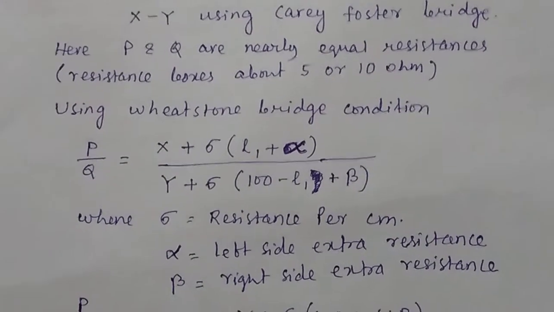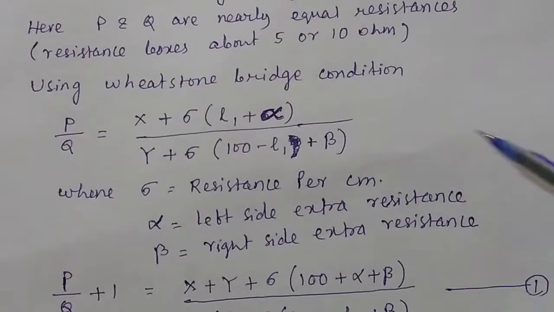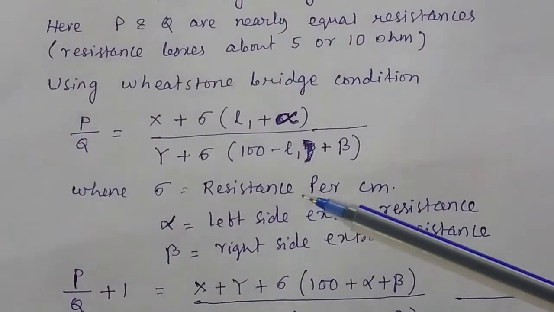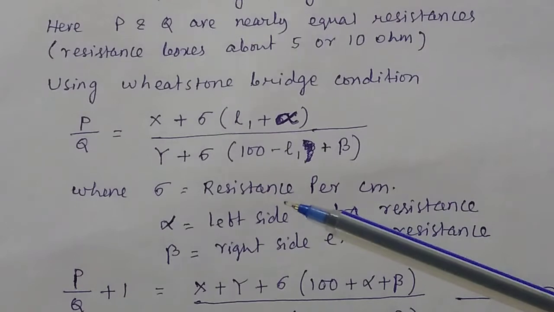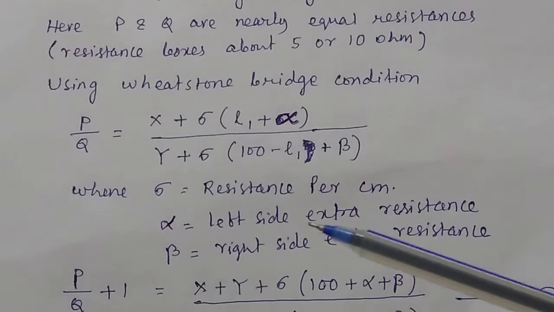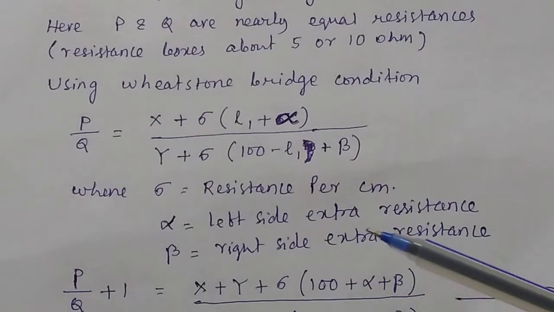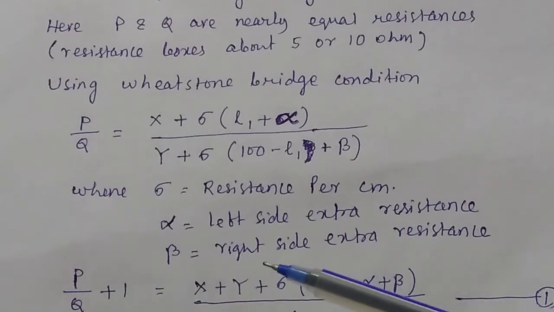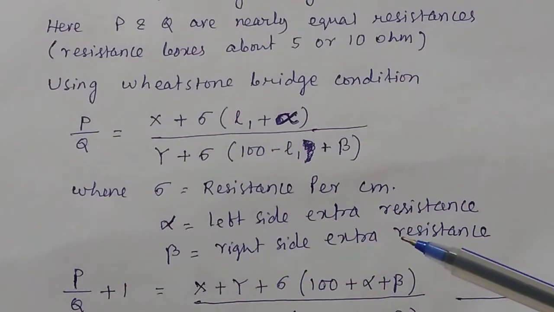Here sigma is called resistance per centimeter. I will discuss later how you can find the value of sigma. And here alpha is the left side extra resistance and beta is the right side extra resistance.